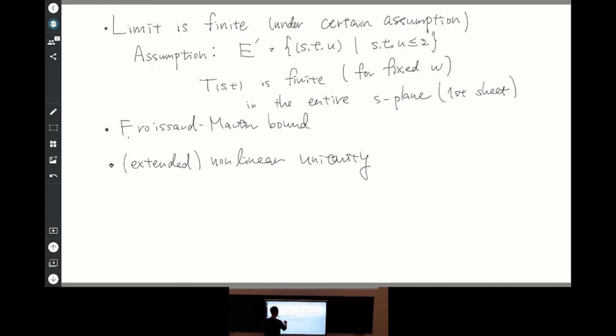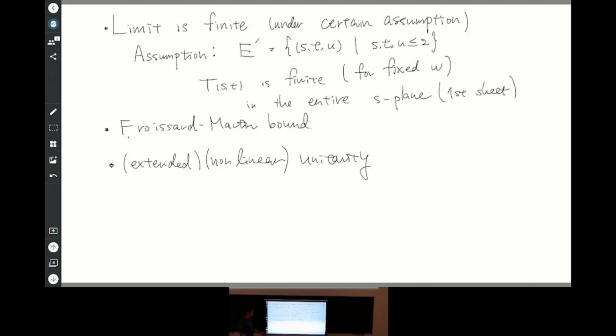So extended nonlinear unitarity. Those are the things they could establish using this analysis. This was done by Shan and Baud for 3+1 dimensions, and then by Lucia, Ife, and Miguel Palos for 1+1 dimensions.